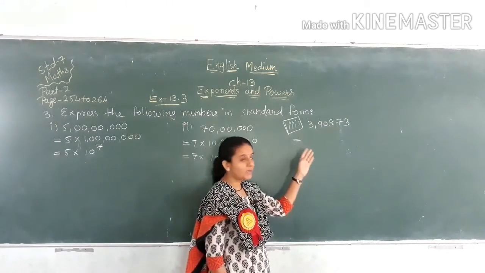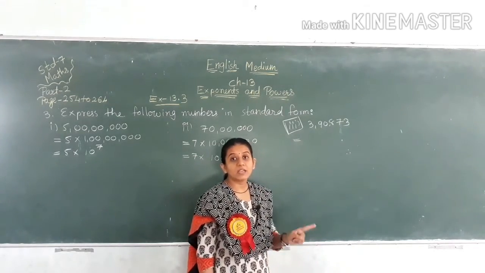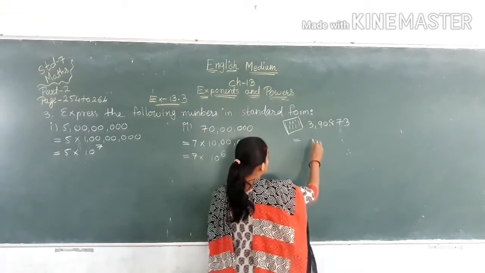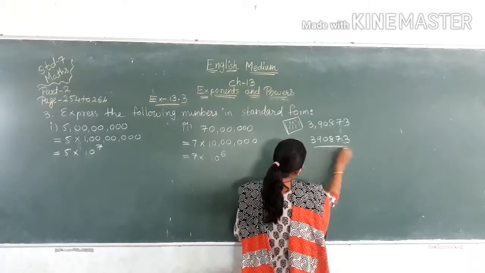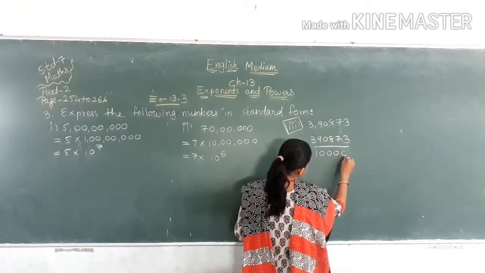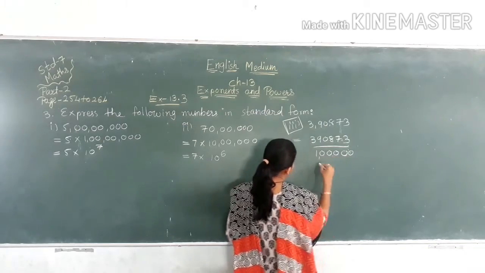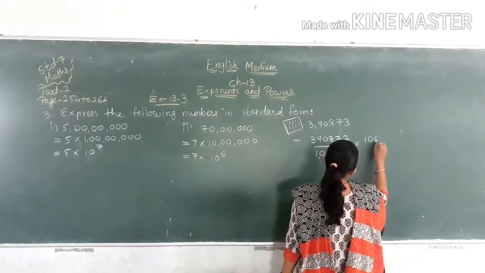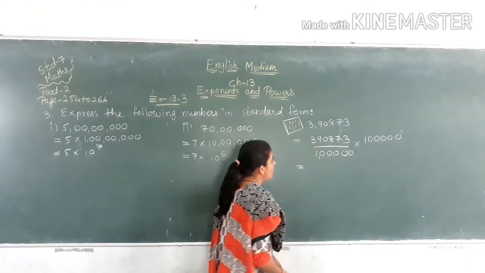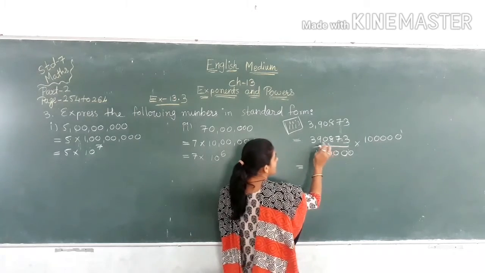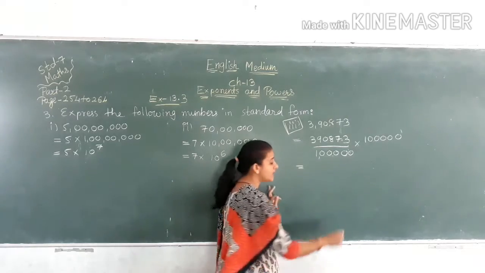Next number, here number 3,90,873. Write it in decimal form.